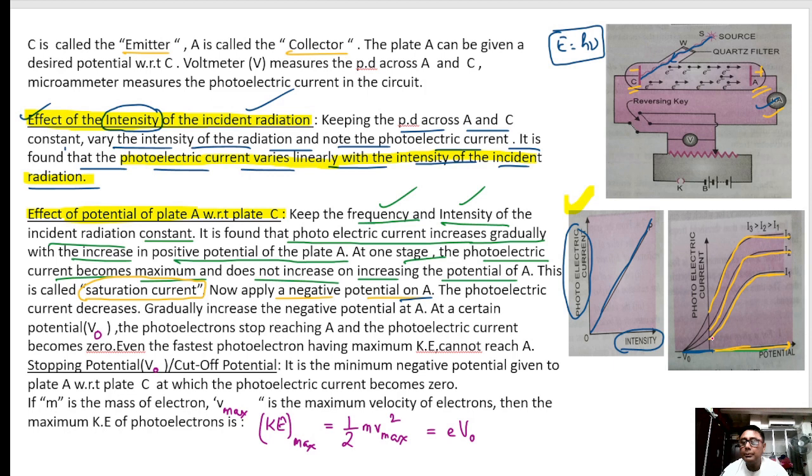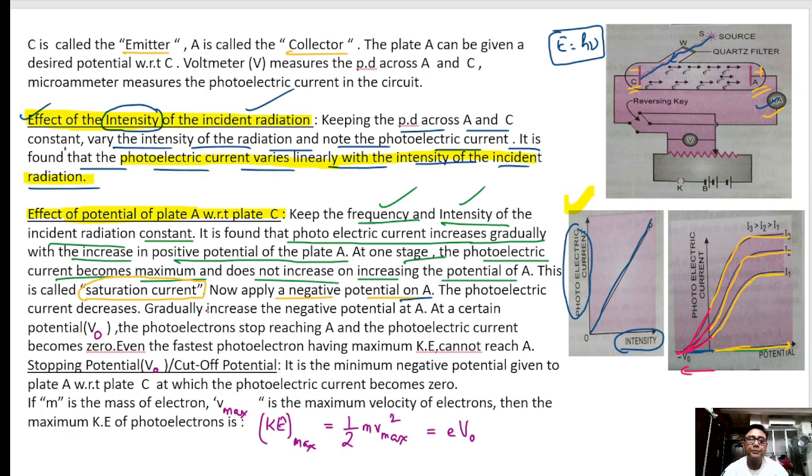If I keep increasing the negative potential on A, the photoelectric current keeps decreasing, till at a particular negative potential of plate A, the photoelectric current becomes 0.